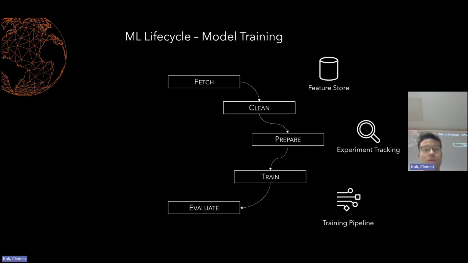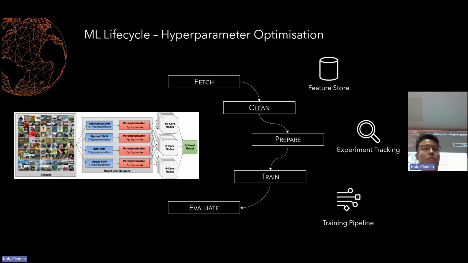The next thing is, when you train your model, there is a very important step, which is hyperparameter optimization. Typically in any ML experiment tracking tool, you would have tracking for your hyperparameter optimization step. If you've worked in machine learning before, you would know that when you train a model, there are certain hyperparameters that you can adjust.